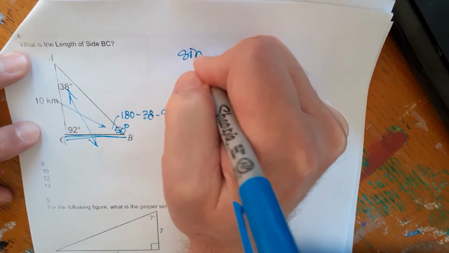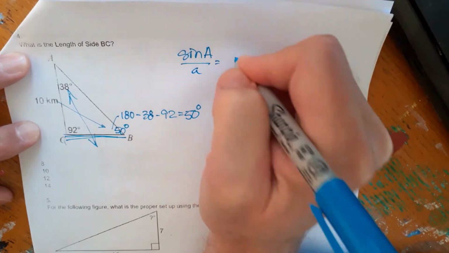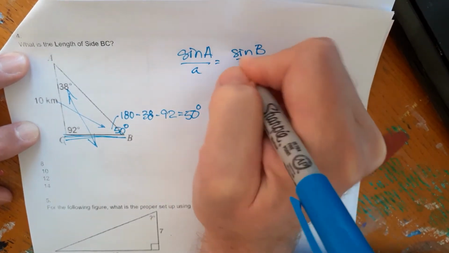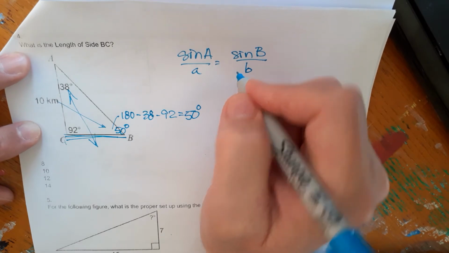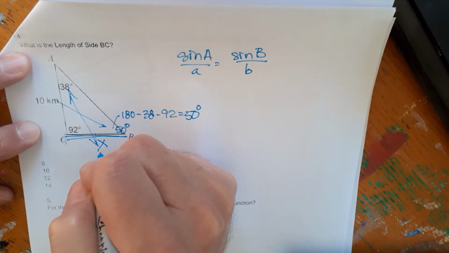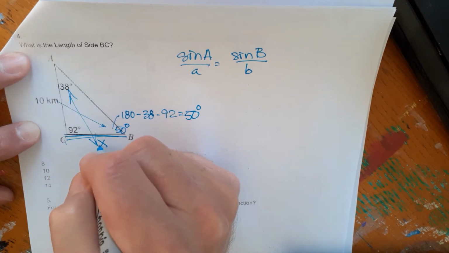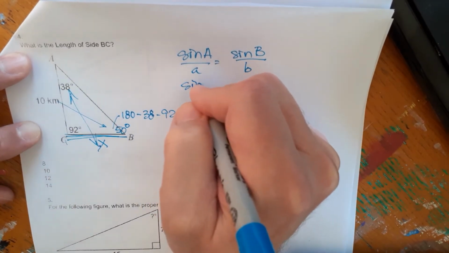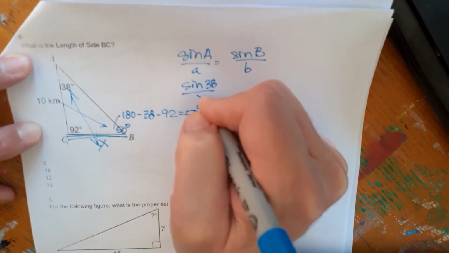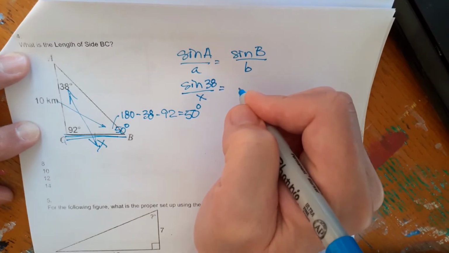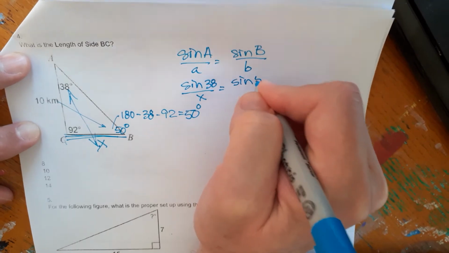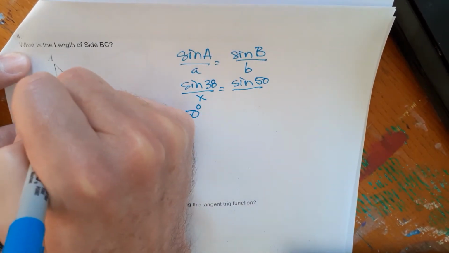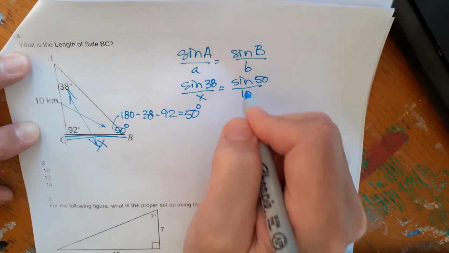We now have sine A over A equals sine B over B. And let's go ahead and plug in and say, let's make this side x. So let's do sine 38 over x equals, sine B will be this one, sine 50, over this side across from it or opposite, which is 10.